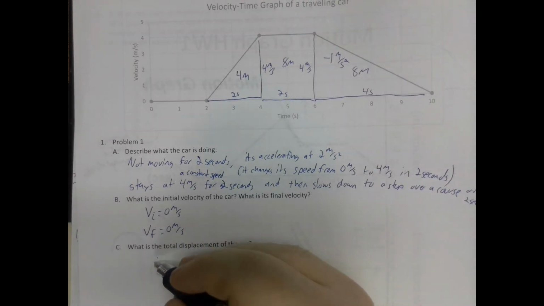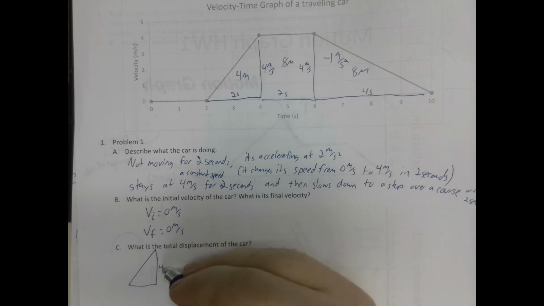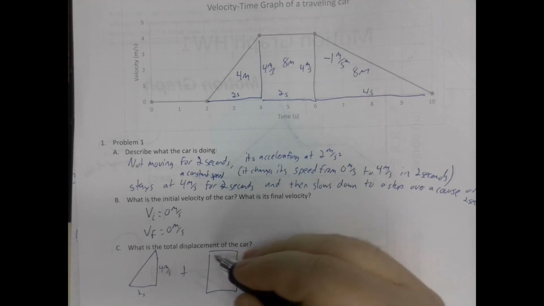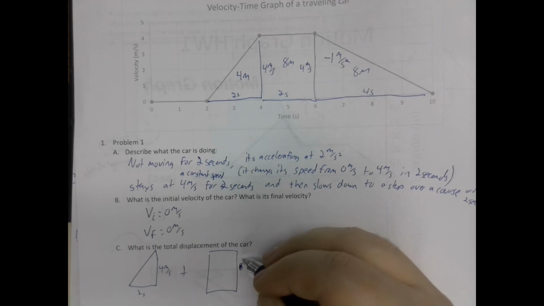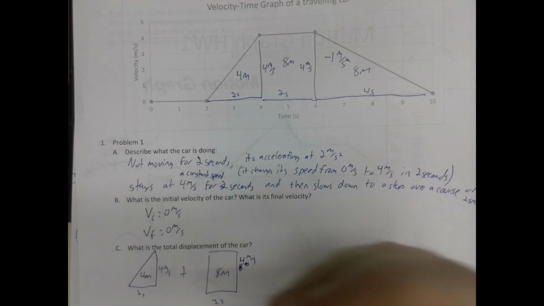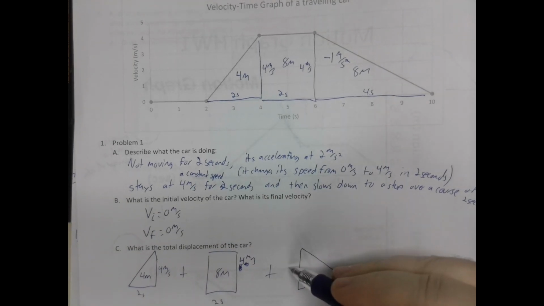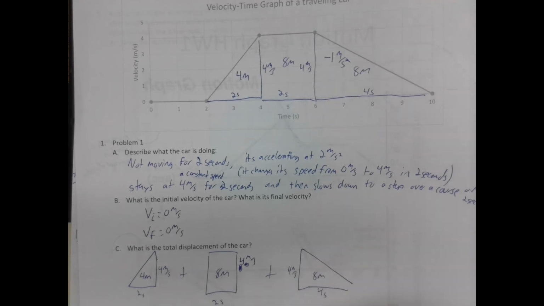So for the total displacement, I would actually draw the shapes and show your work, plus, and this is 8. So 8 plus 8 is 16. 16 plus 4, this gives you 20 meters.